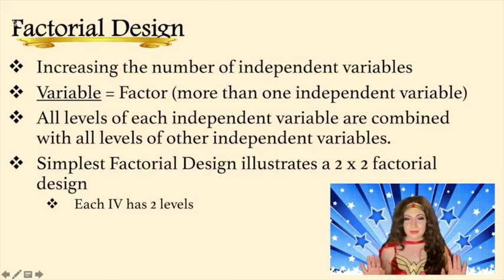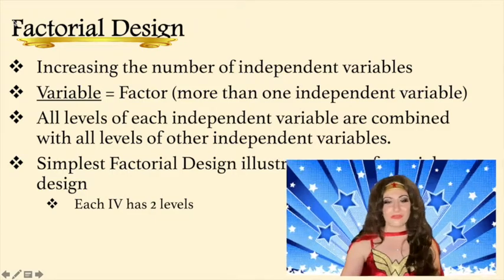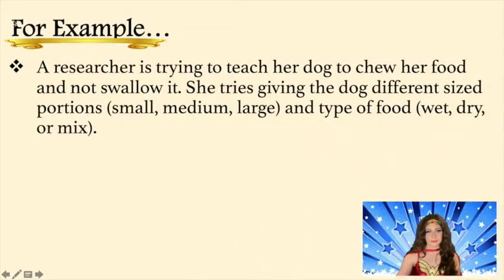And so the simplest factorial design, if you have only 2 independent variables and each independent variable has 2 levels, we would call this a 2 by 2 factorial design. So basically your first independent variable has 2 levels and your second independent variable has 2 levels. So there are 4 possible combinations of effects on your dependent variable given these 2 independent variables.